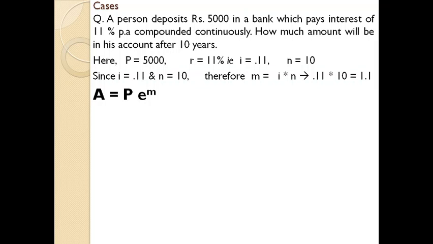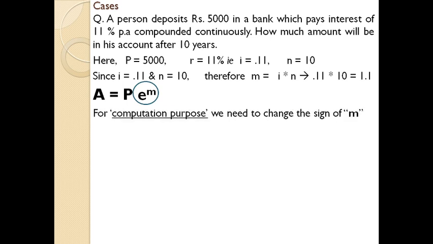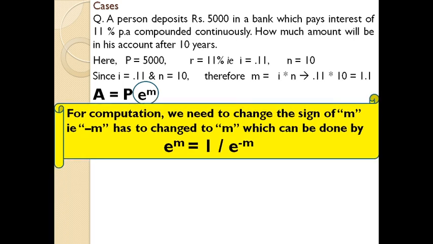So the details given are P equals 5,000, I equals 0.11, n equals 10. So you need to find m. Next, we have now discussed e raised to m. For the computation, we need to change the sign of m. The simple method is to find the value of e raised to minus m from the table, following that schedule.